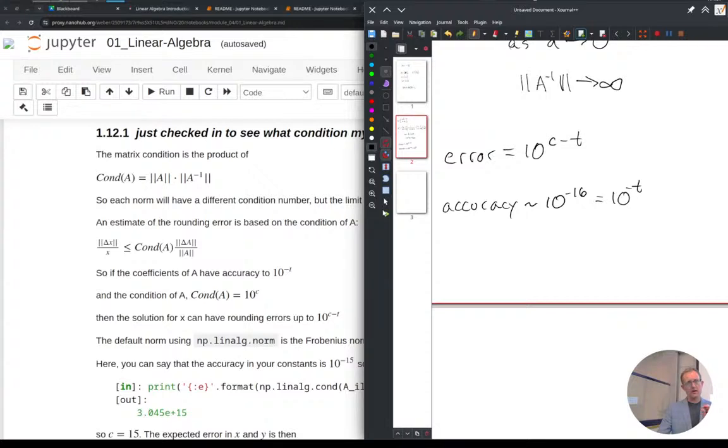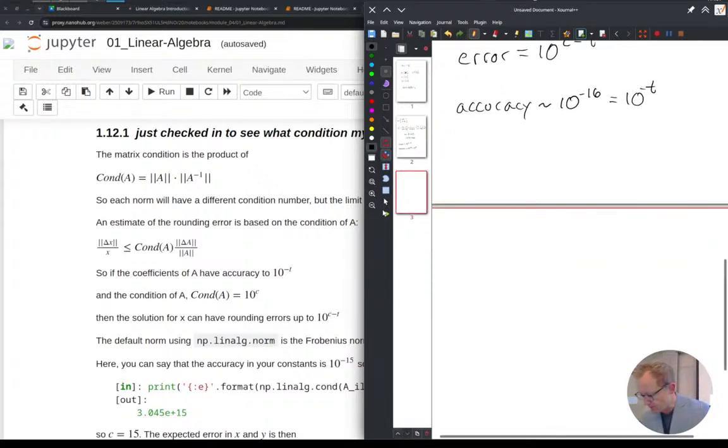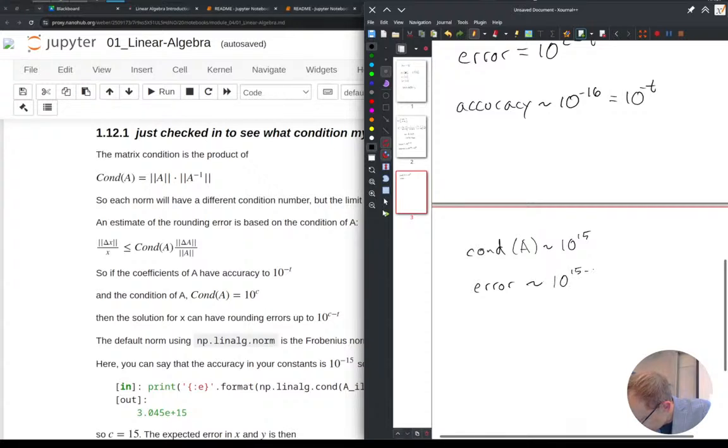If we say condition of A is 10 to the 15, error is going to be 10 to the 15 minus 16, or 10 to the negative 1. Like 0.1. The error of your solution is within the 0.1 magnitude.